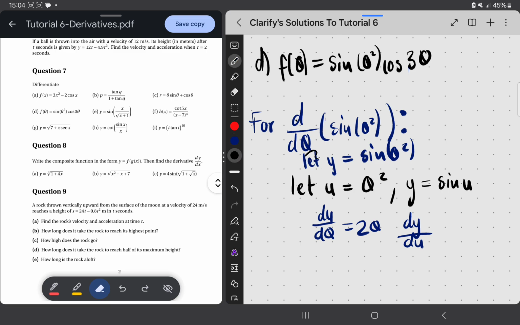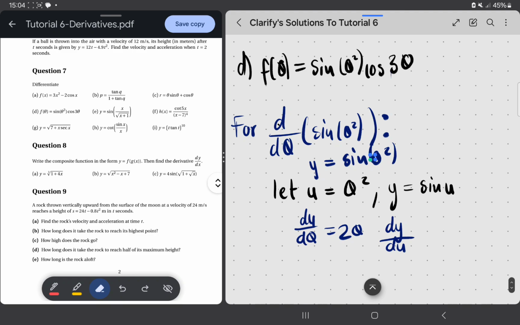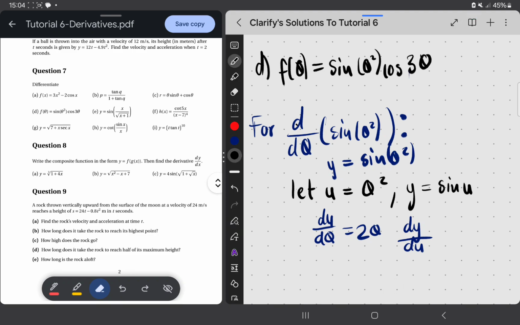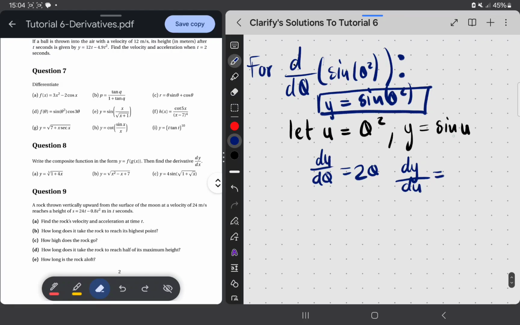You can just write y is equal to this, right? Then you can say let u be the inside, which is this theta squared, and that means now y is sine u. Now here, what is my dy du? Derivative of sine is positive cos, so it's cos u.